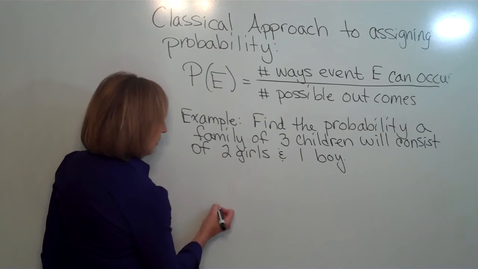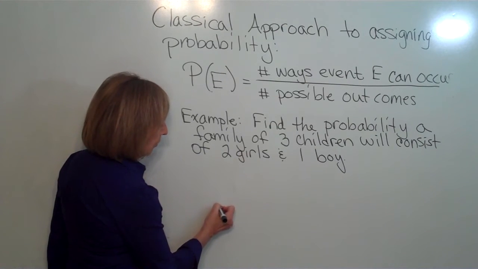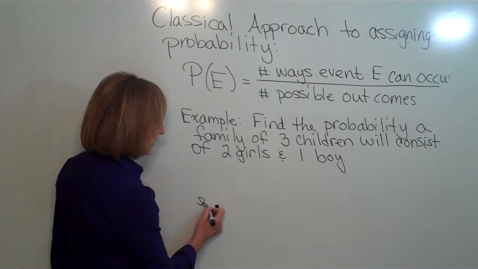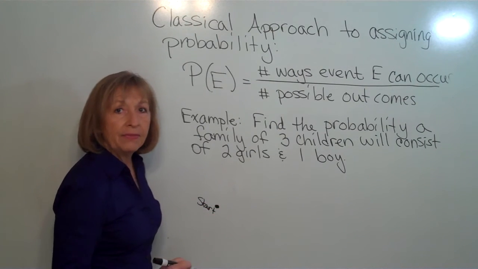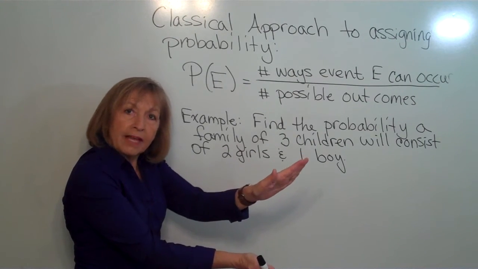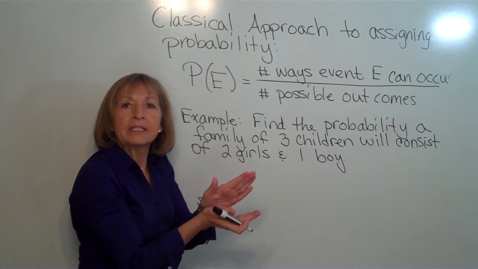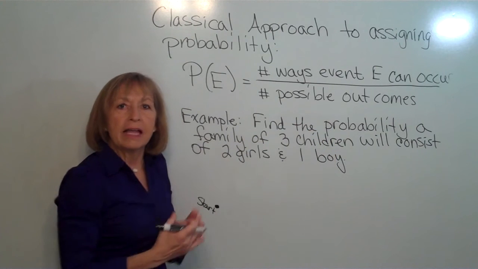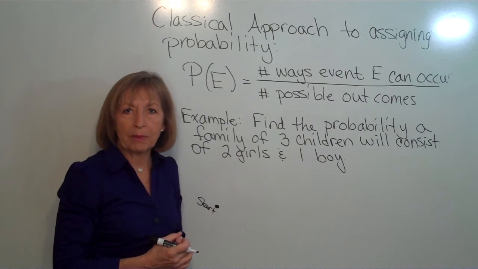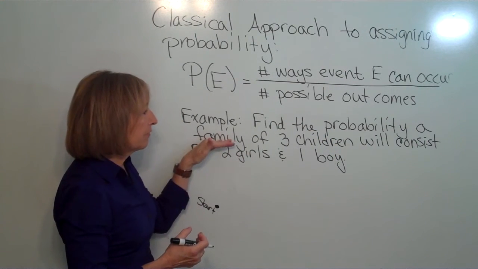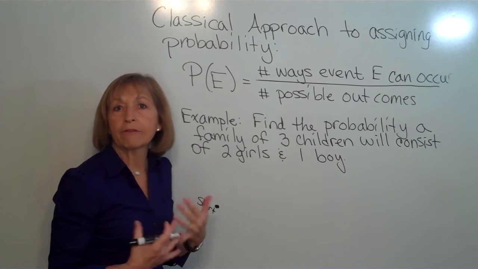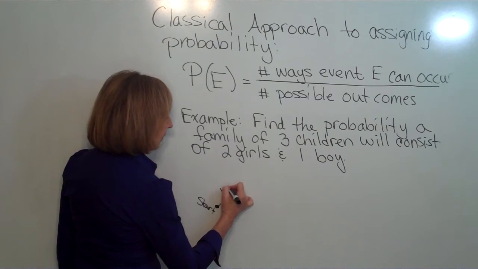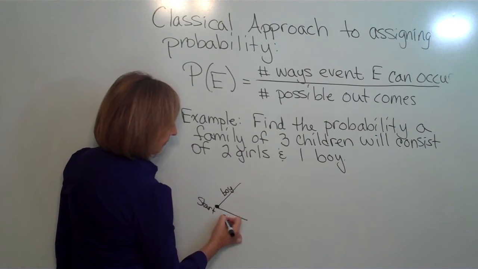With a tree diagram, we start with just a dot. That's the start of listing everything out. And then you branch off that start with the different things that can occur at each stage of creating that sample space. So when I think about the family of 3 children, for the first child, it will either be a boy or a girl.